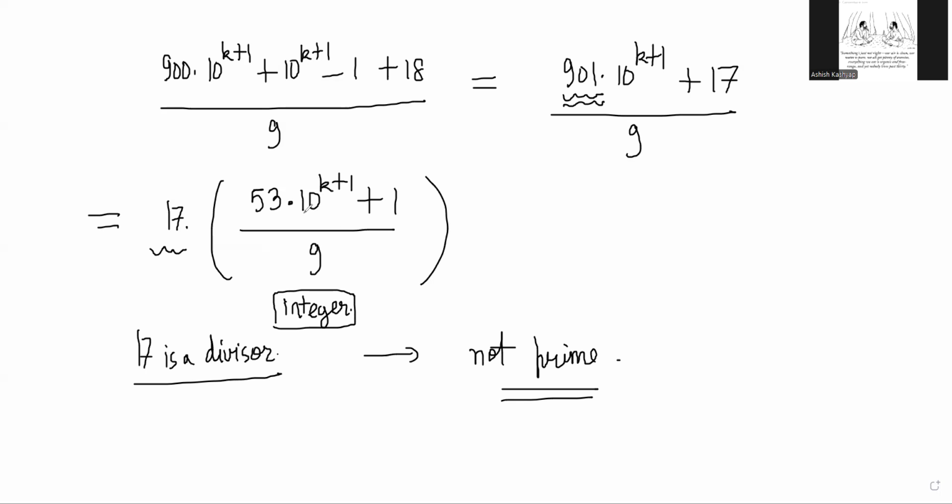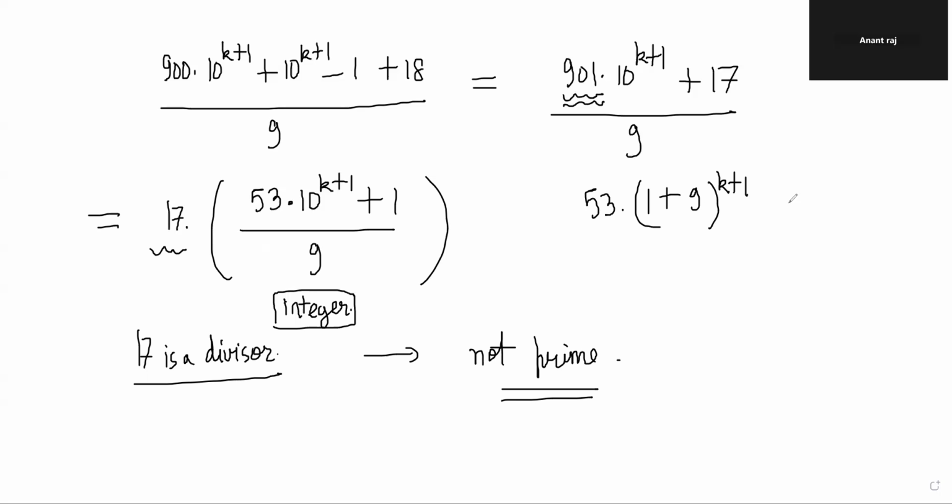I think it is easy to show that this is an integer because 10 to the power k plus 1 can be written as 1 plus 9 to the power k plus 1, right? 53 into that plus 1, right? So notice that the constant term is the only term that is doubtful, no?